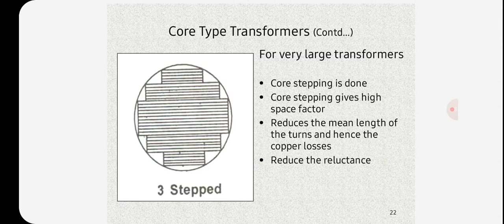It reduces the mean length of the turns and hence the copper losses. It reduces the reluctance. When the reluctance is low, the maximum flux will flow.